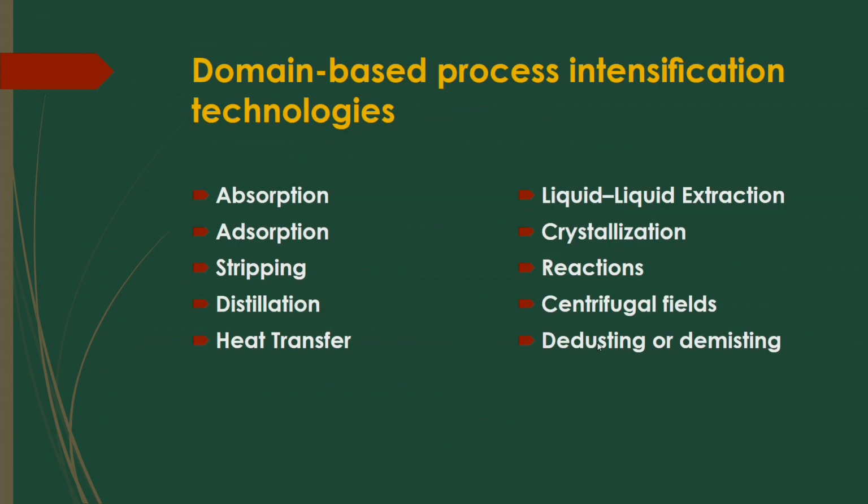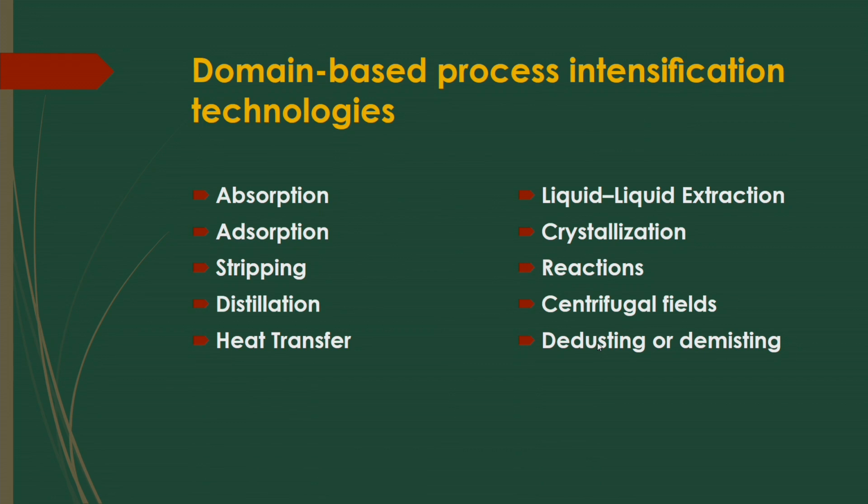Some domain based process intensification techniques are also there in chemical engineering processes. Those are very important, like absorption, adsorption, stripping, distillation, heat transfer, liquid extraction, crystallization, reactions, centrifugal fields, and dedusting or demisting. Some other operations are like fluidization, even bubbling phenomena.